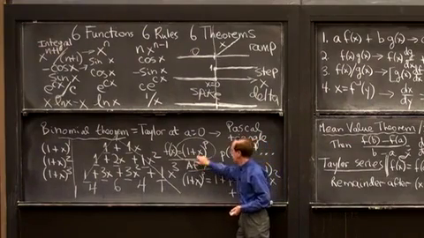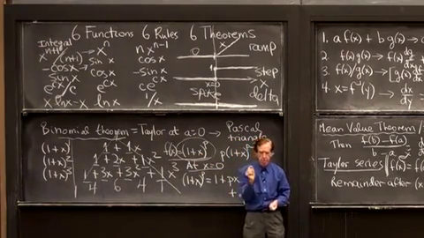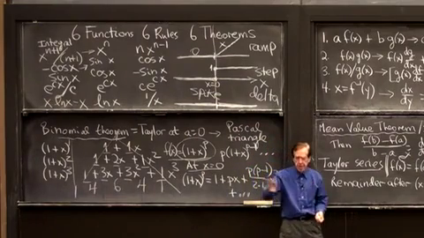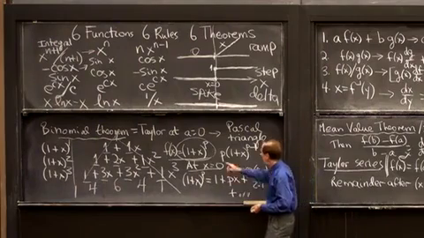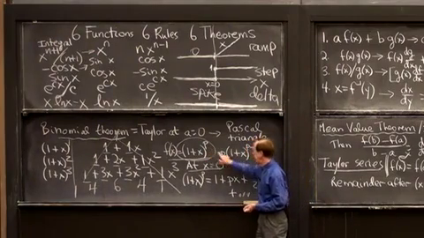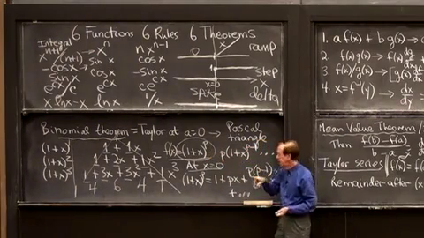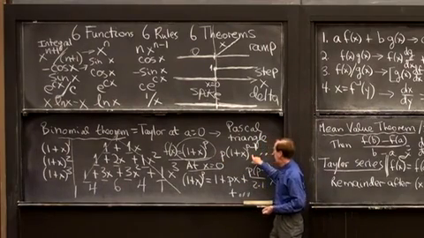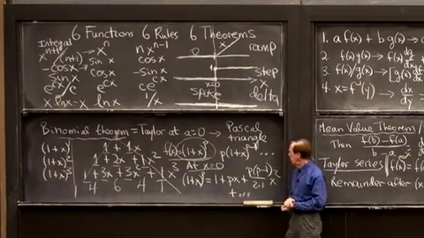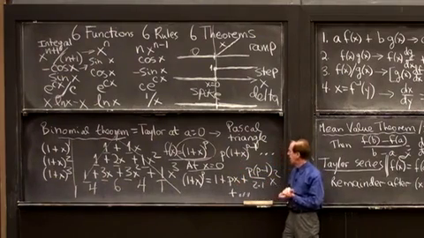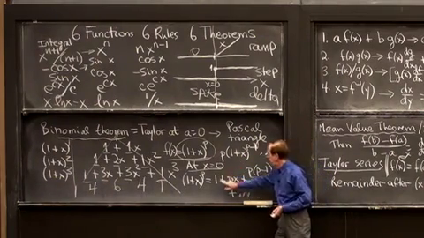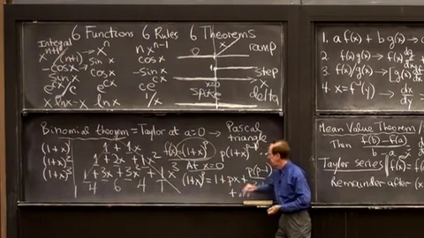At x equals 0, this thing is 1. So the big series starts out with a 1 for the constant term. Then, what do I do for the next term in the Taylor series? I take the derivative, and I put x equals 0. And what do I get then? I get p times x. So this is the constant term, f of 0.